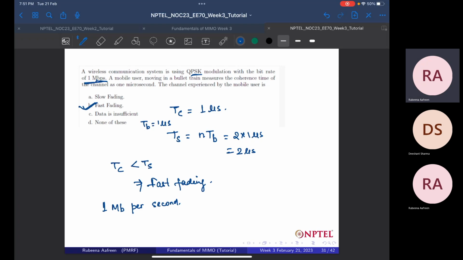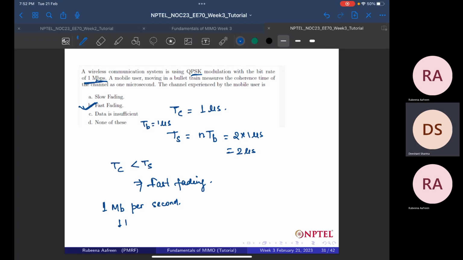So what would be the bit duration for one bit? For one bit it's 1 microsecond. Okay, simple. Okay, ma'am, I got it.